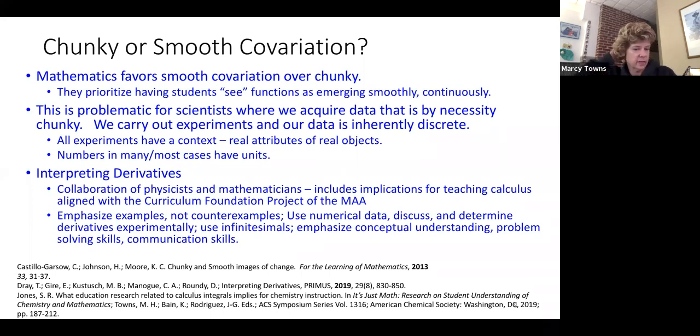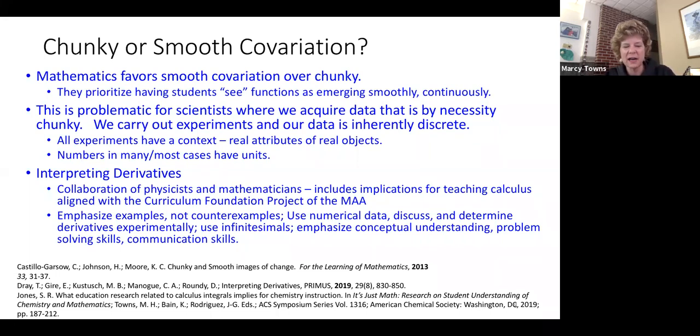So the emphasis on examples, not counterexamples. So don't show all the counterexamples to students. Help them build out their knowledge and recognize what resources can be used productively by doing real examples that are helpful.